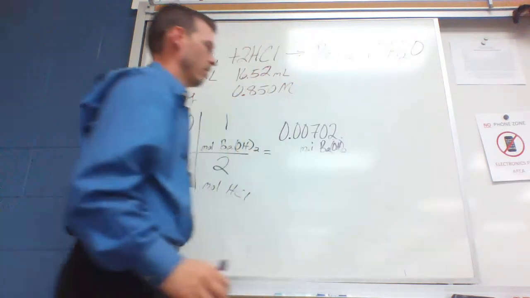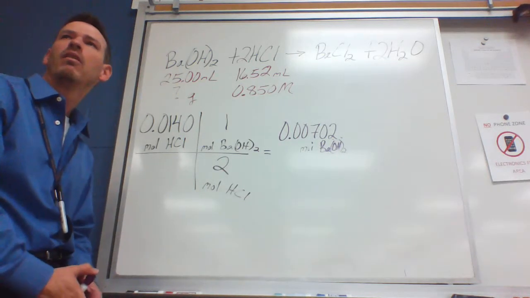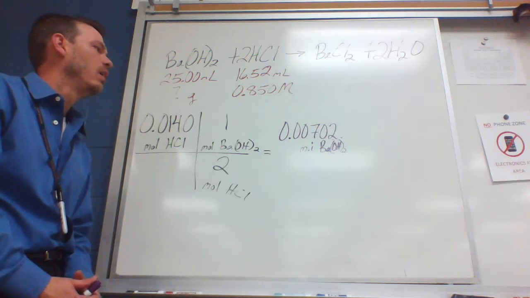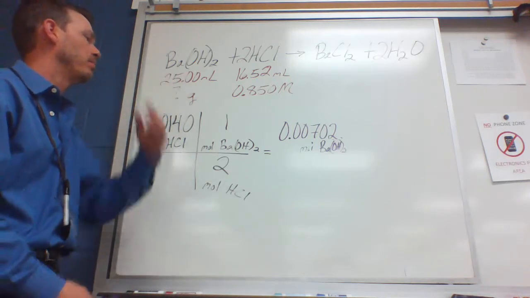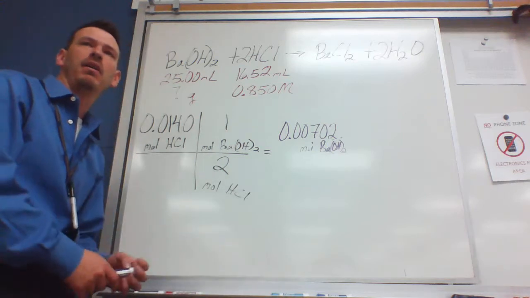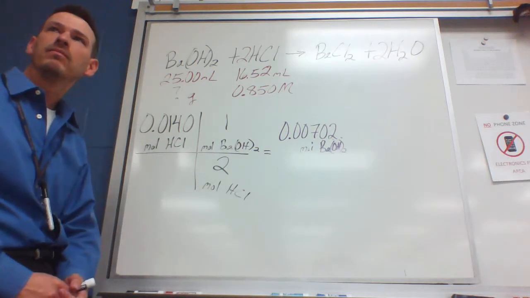Everybody okay with my 702-ish number? Cool. So now in the last problem, it wanted molarity, so we just divided by the liters that it gave us, or the milliliters. All right, that's not what it wants this time. How will we get to grams? Using the average, like the periodic table.